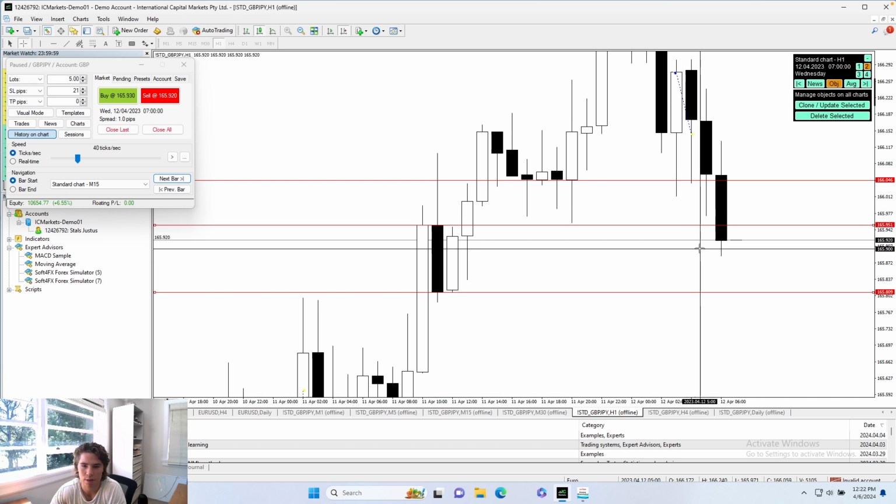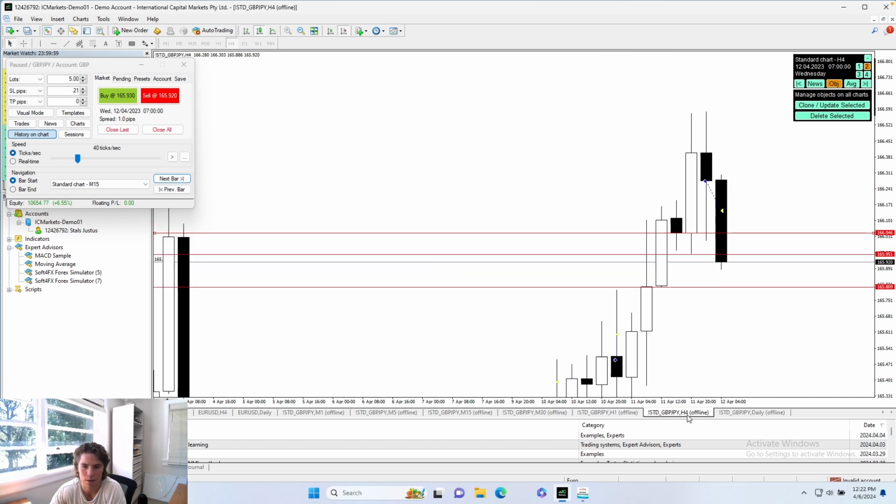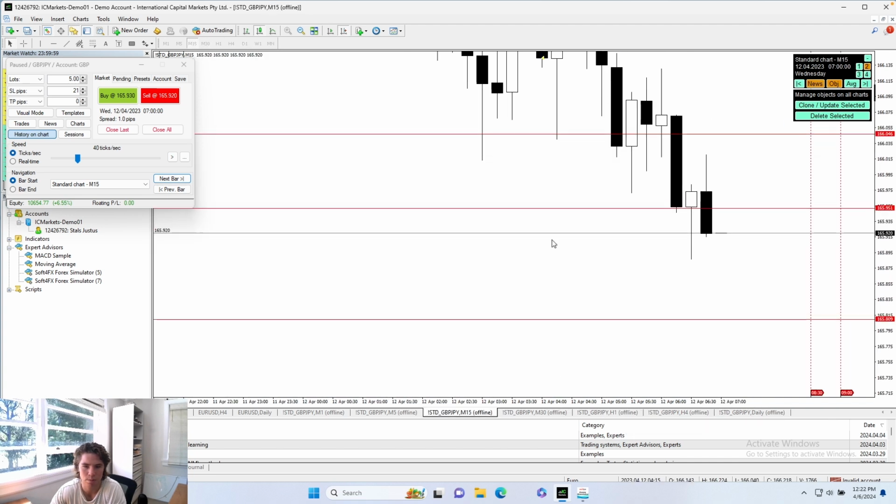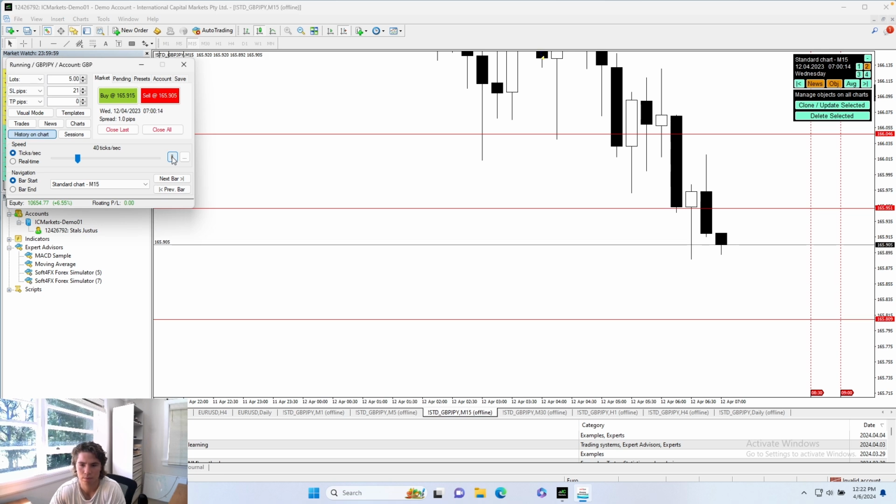I think we have enough range to at least come down and fill this wick. Okay, let's see what price does here. It's not a good start. Okay, if we can reflip now, I like it.